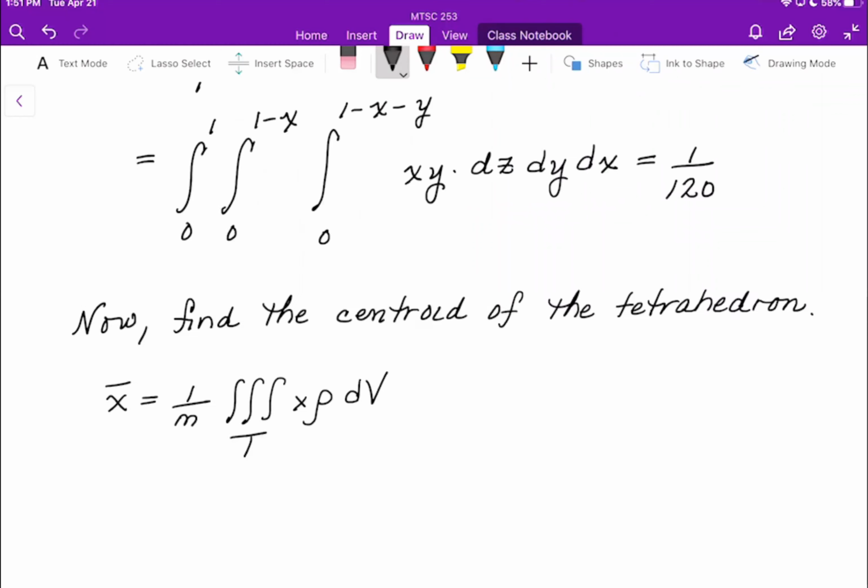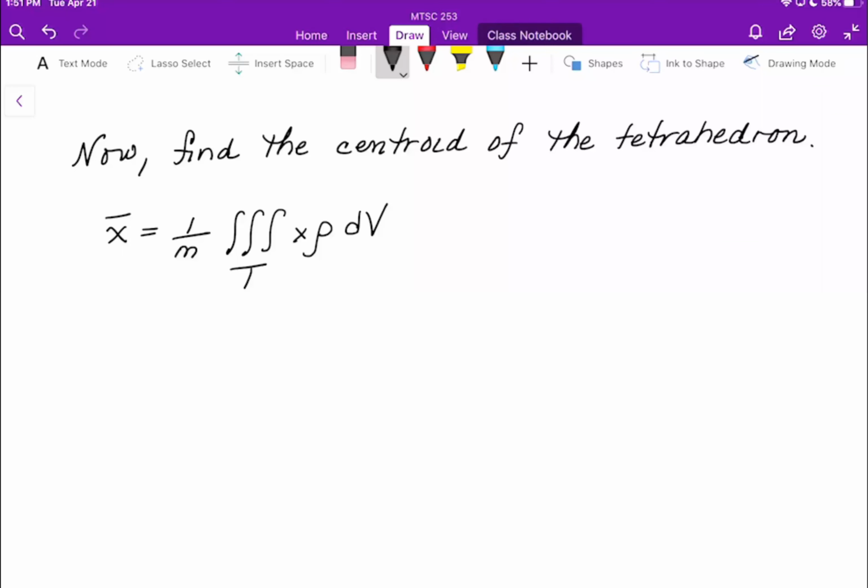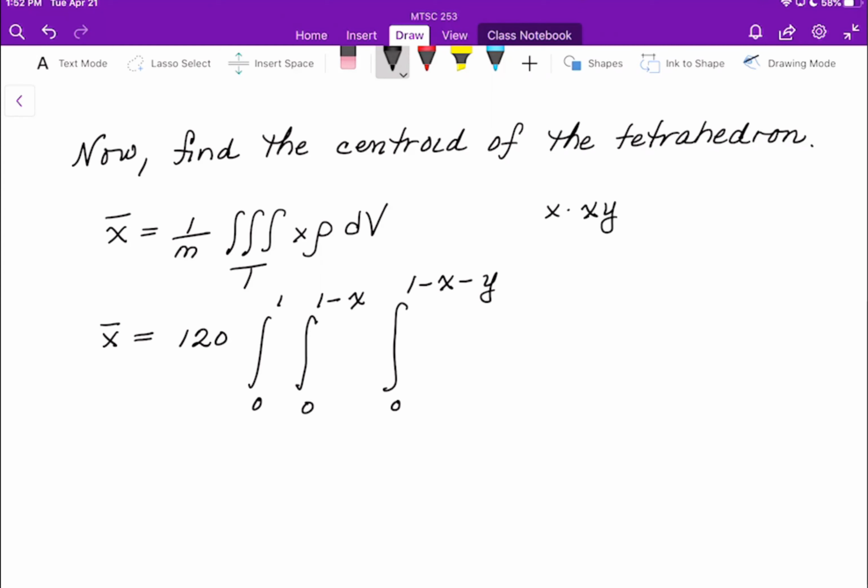So the mass we said was 1 over 120, so therefore the x-coordinate becomes 120 times the integral from 0 to 1, the integral from 0 to 1 minus x, the integral from 0 to 1 minus x minus y, of x times the density xy, which gives x squared y dz dy dx.